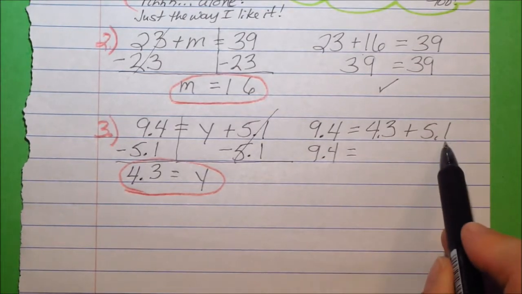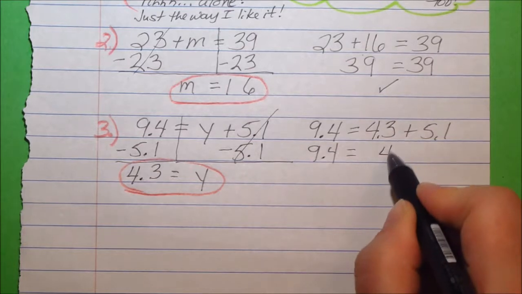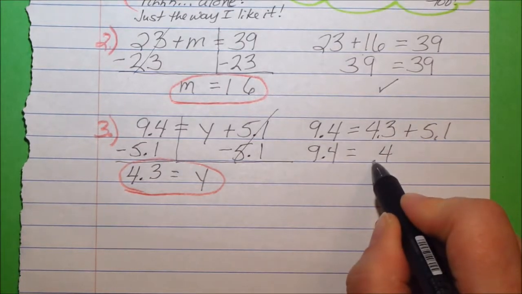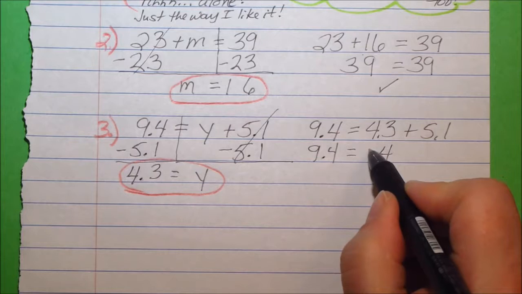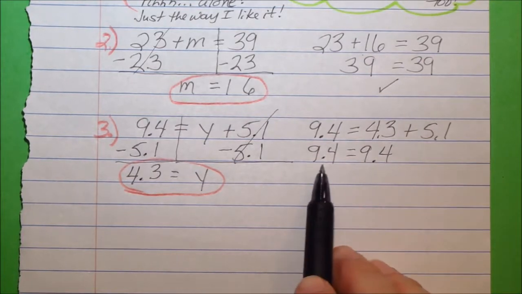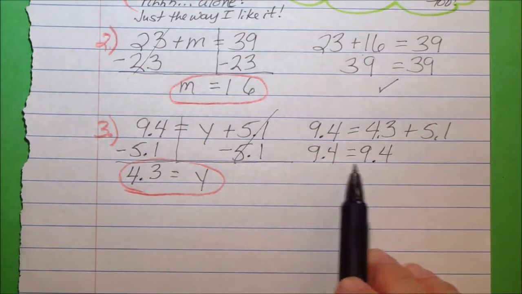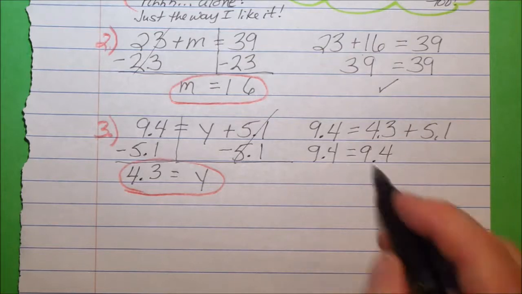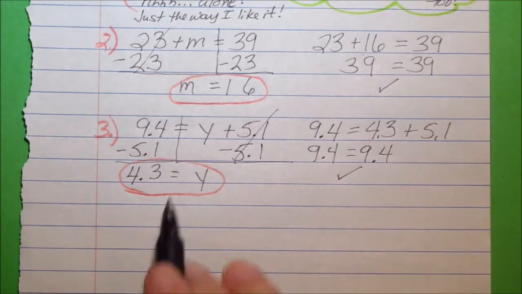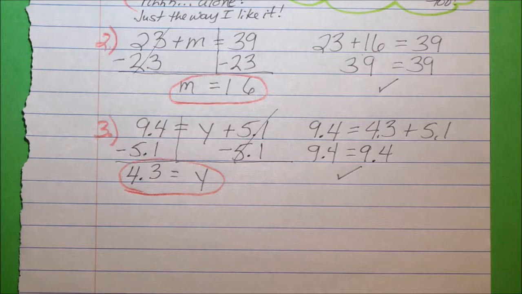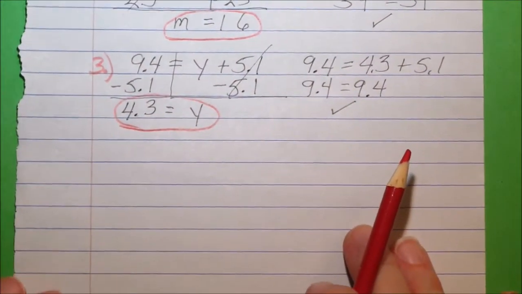All right, so 1 plus 3 is 4. Keep the decimal in its place. 5 plus 4 is 9, and it looks like I've got 9 4/10 equals 9 4/10, which is true. Check, my solution was correct. Okay? All right, let's do another example.